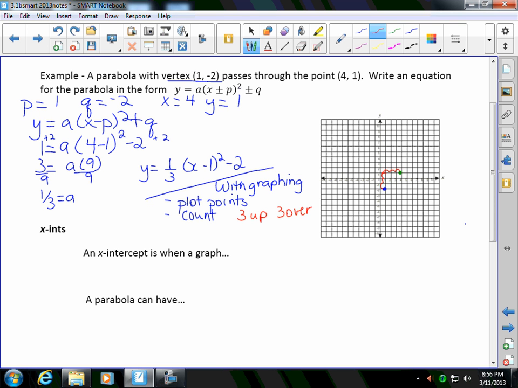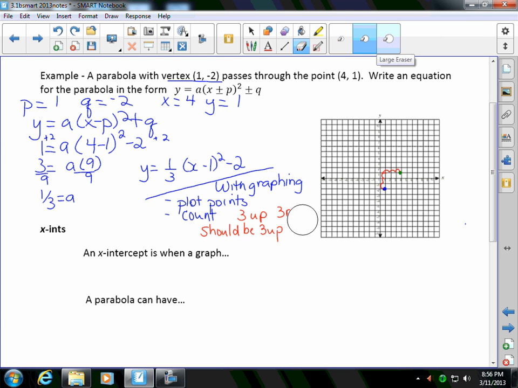It's supposed to be, if you remember, if it's 3 up. Sorry, I wrote that as 3. It should be 3 over, 3 up. Wrong spot here. So it should have gone 3 over, 3 up.